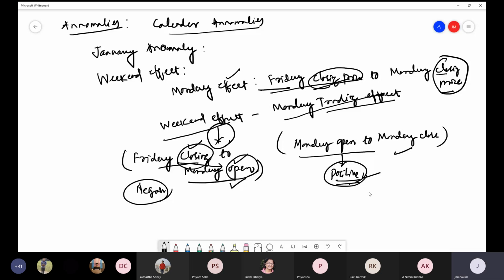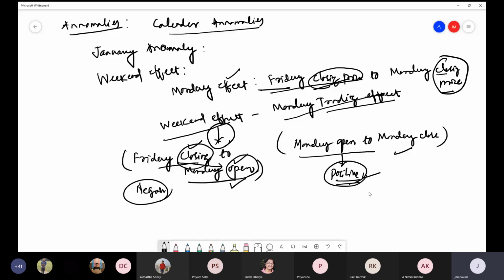But this effect also varies across different characteristics.